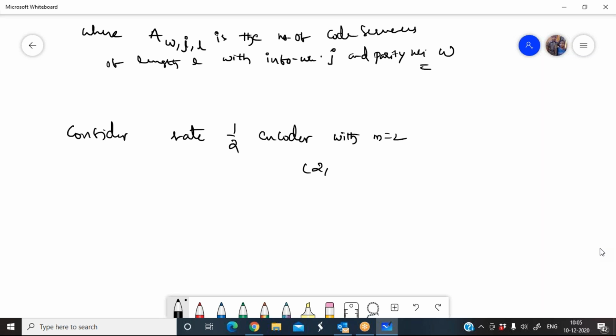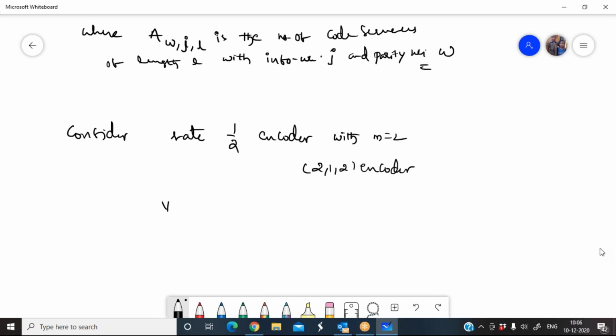What is the meaning of this? It is a (2,1,2) encoder. It may be anything like (3,2,2) or (2,1,3), but I have already given the convolutional encoder diagram for the (2,1,2) encoder. That's why I want to go for that example, because here I don't want to draw that encoder diagram again. Consider the rate 1/2 encoder with m equal to 2.